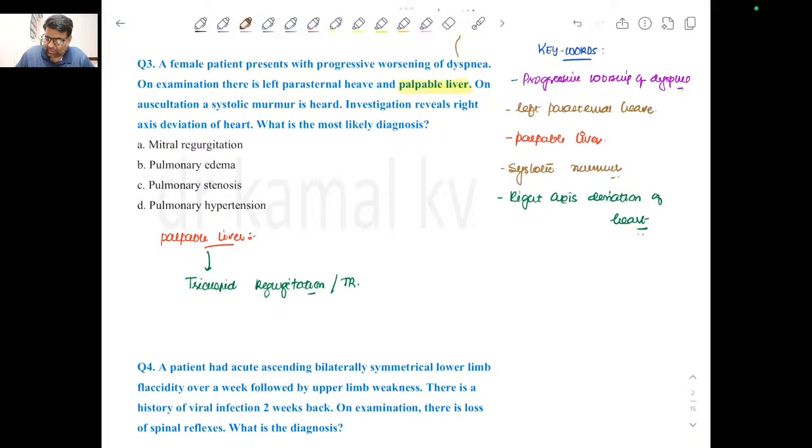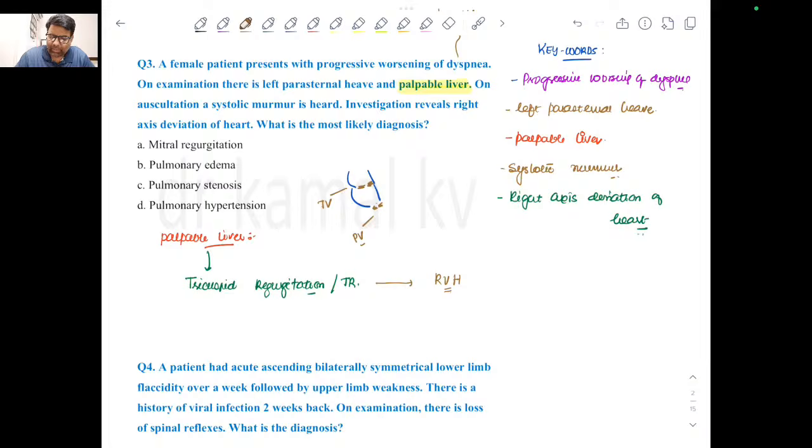We can think of some right ventricular hypertrophy kind of condition, right? So there is right ventricular hypertrophy which has secondarily caused tricuspid regurgitation. So just take the right side of the heart, something like this. This is obviously the tricuspid valve, and here we have the pulmonary valve.